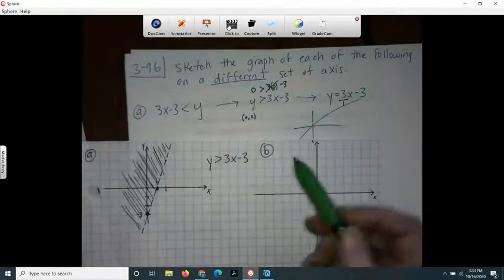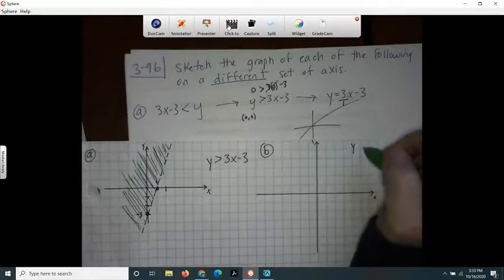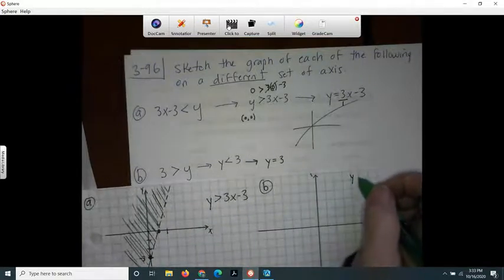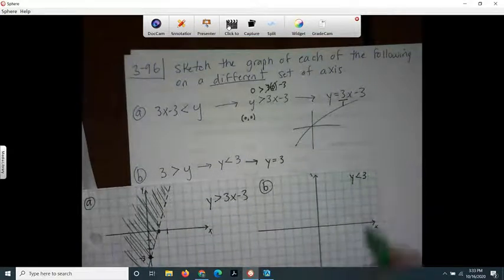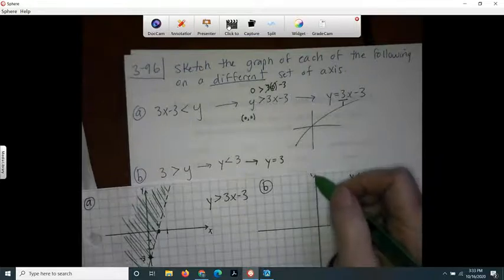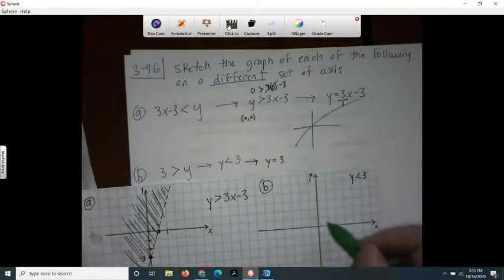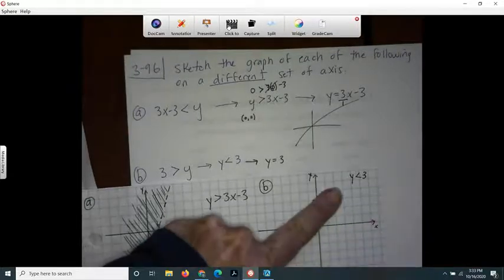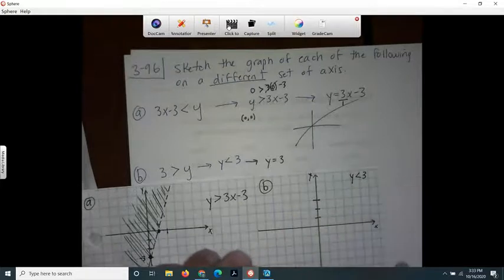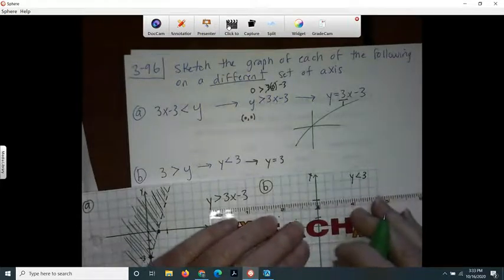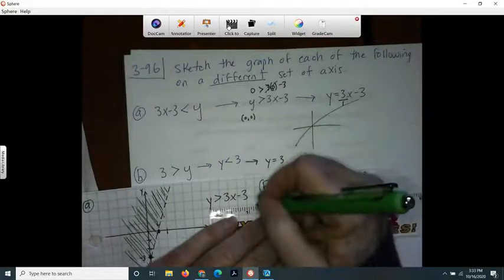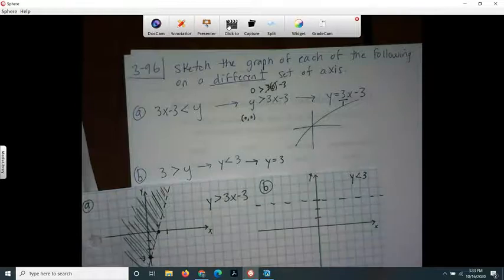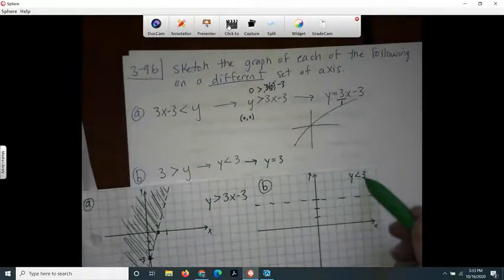So this is going to be y is less than 3. So everywhere on my graph where y is less than 3. There's 1, 2, 3. It doesn't have the little underline underneath my inequality, so I'm going to be careful to make it a dotted line or a dashed line. And y is less than 3 down here.